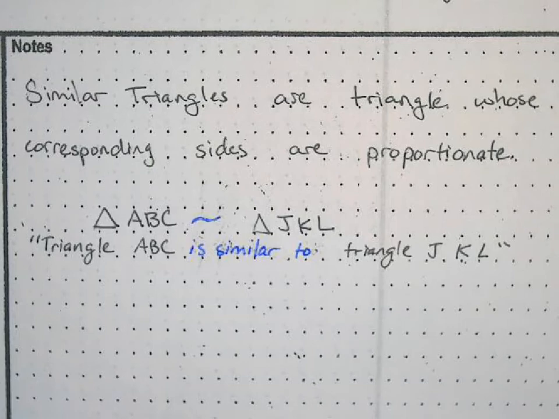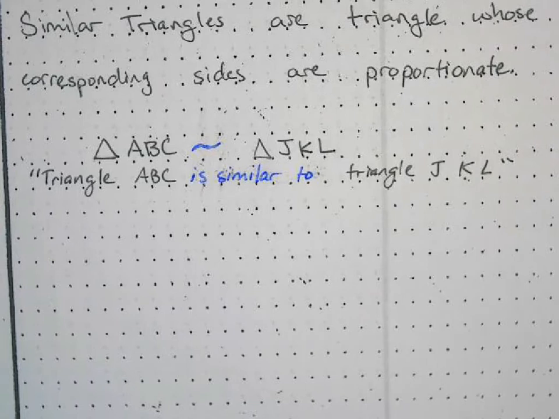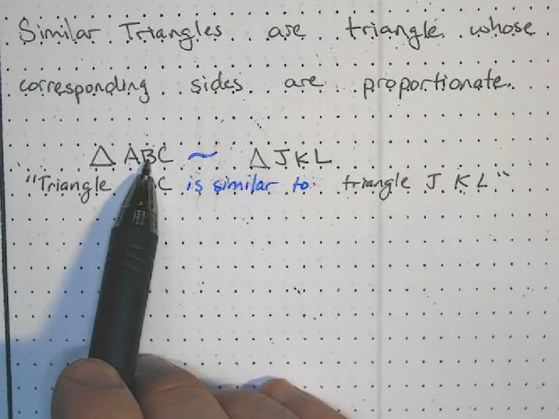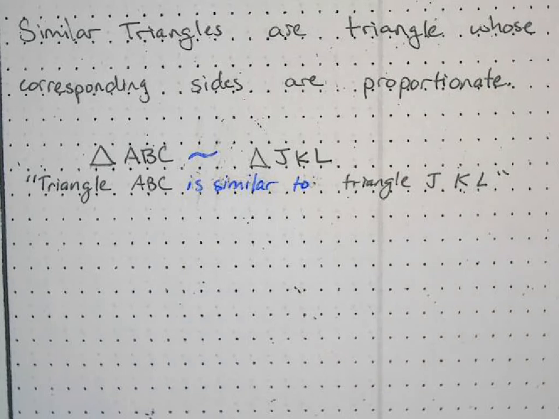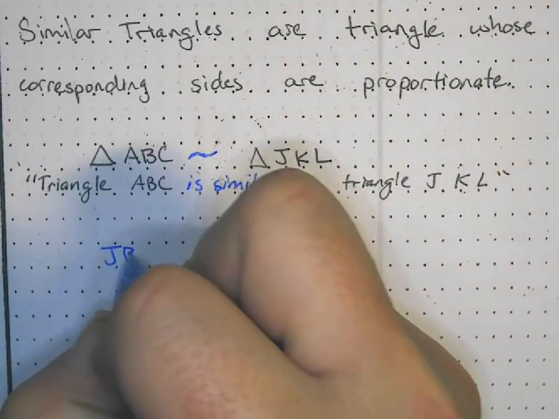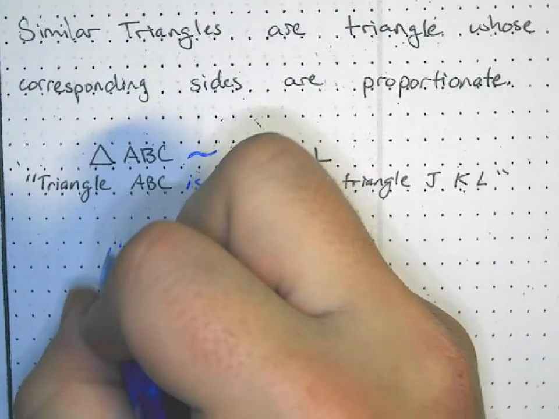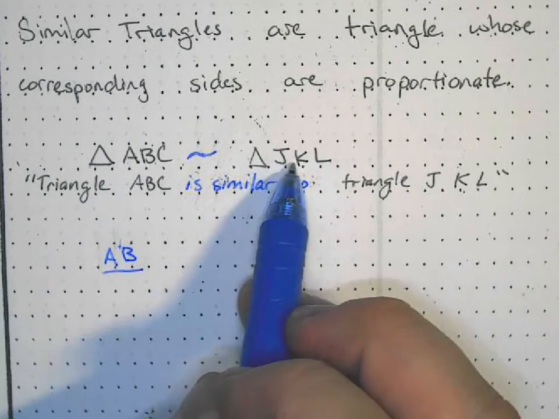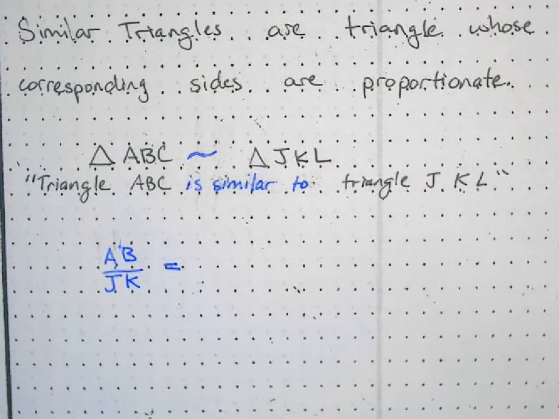So triangle ABC is similar to triangle JKL. And just by looking at the letters, I can set up these proportions. Remember, I'm using corresponding parts. So side AB is going to be proportionate to side JK. So what I would say is AB is to JK as, and now I can set up another ratio of corresponding sides.